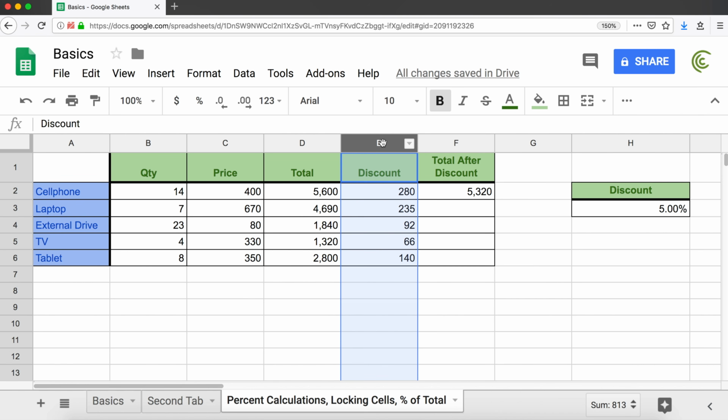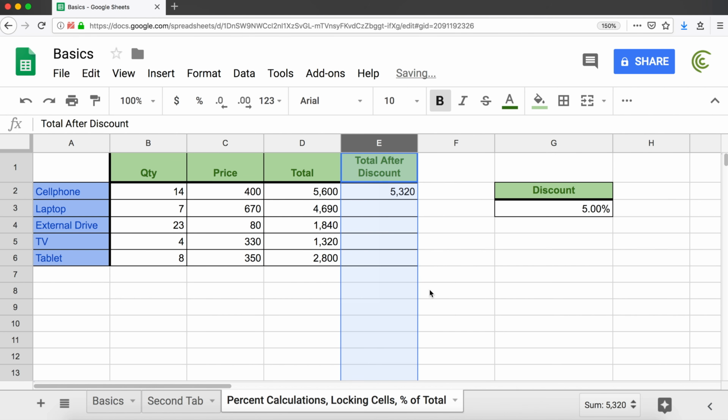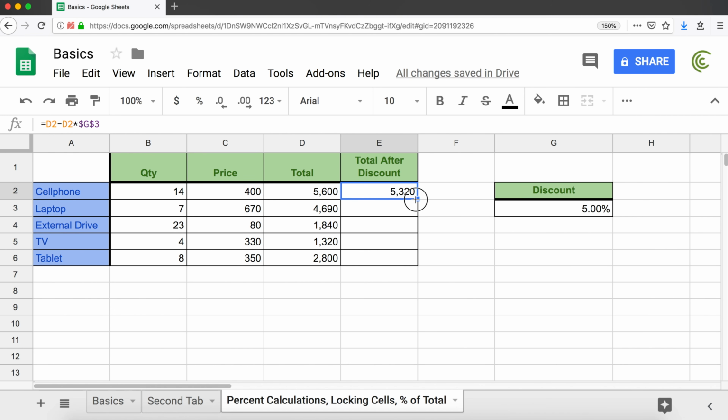And then I can now delete this column. And if I drag it down, it will work just fine. So this is my total after discount. Essentially my formula is: let's take this 5,600, which is D2, minus 5% of 5,600, which is here.